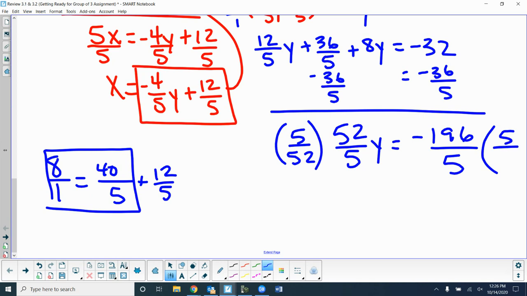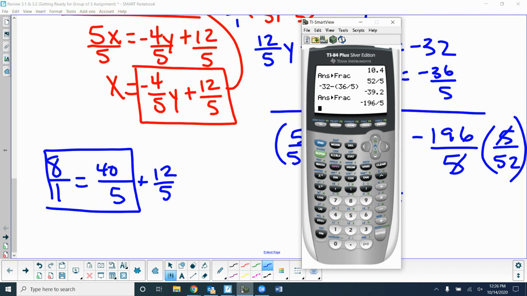What happens to the 5s? They cancel, right? So what's negative 196 divided by 52?